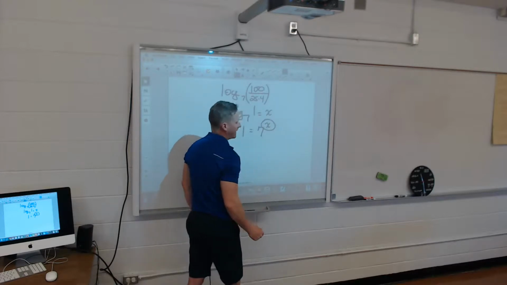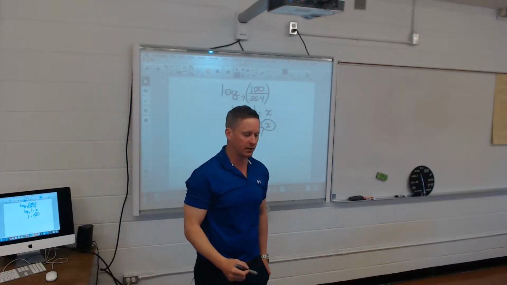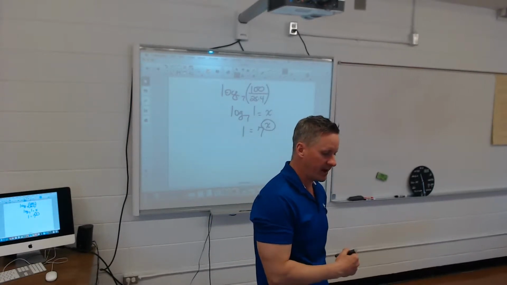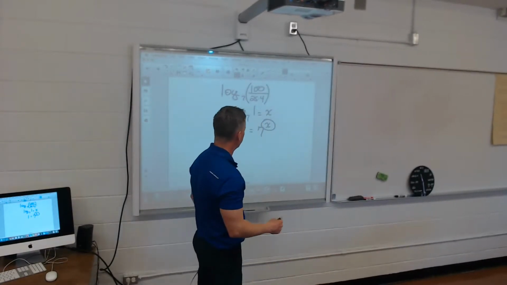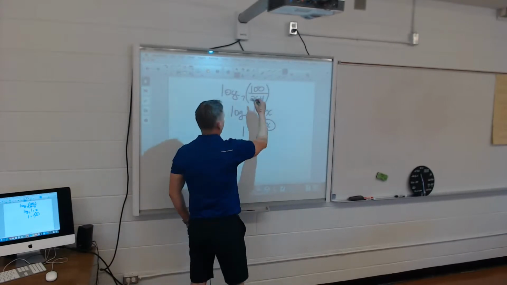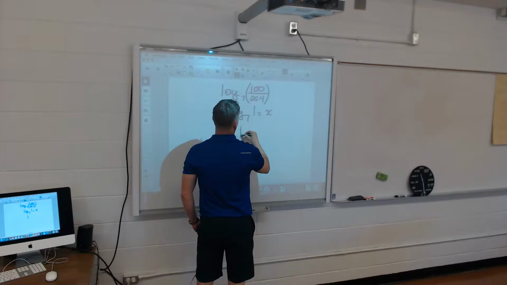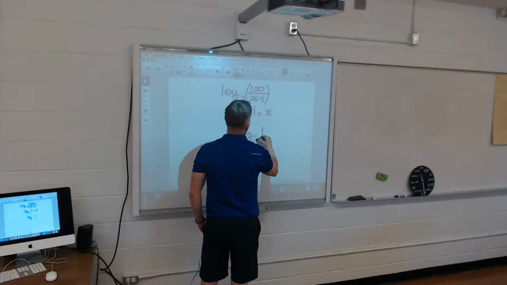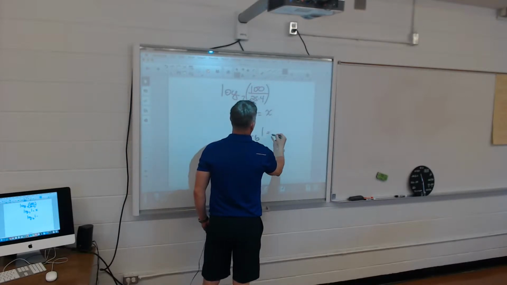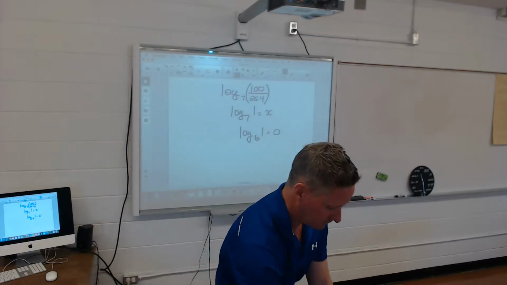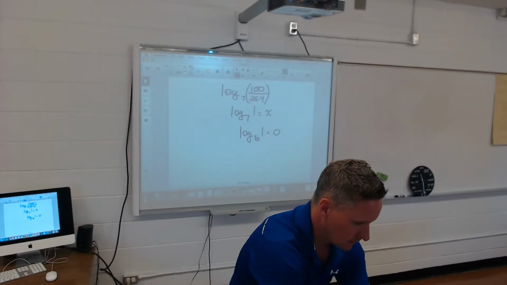So the only thing that x can be is 0, because that's the only way you can get an exponent in which you're going to get a value that equals 1, right? So that's why. Okay, and that works every single time. The log of 1 to any base is always going to equal 0. Okay?